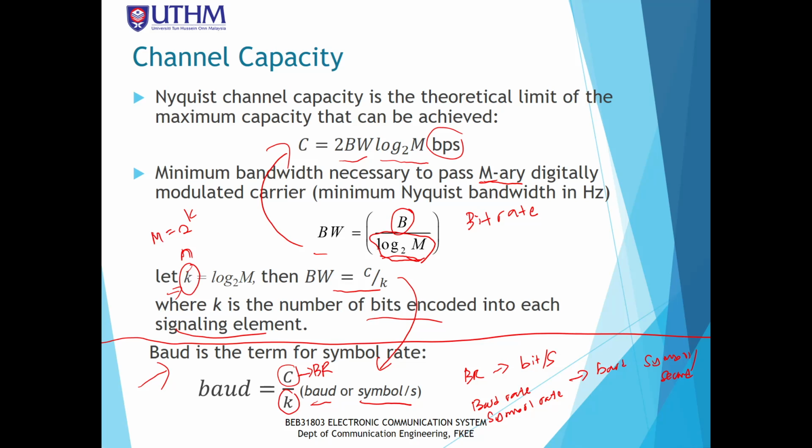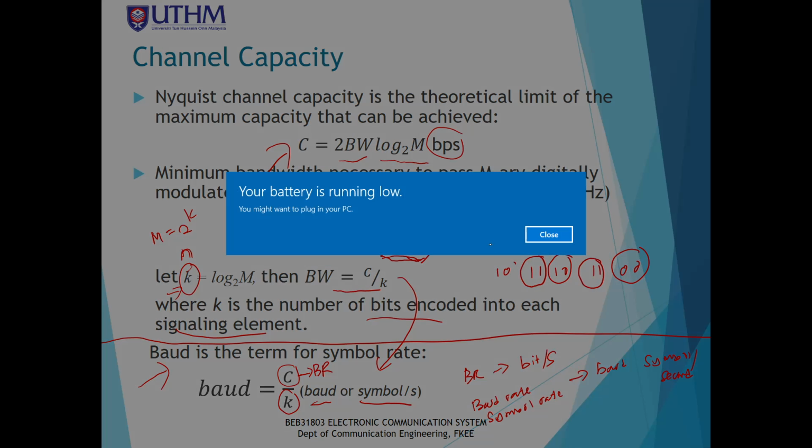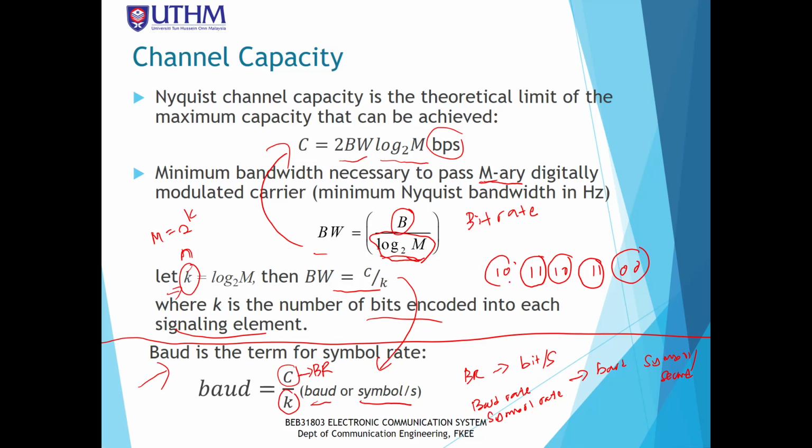Contoh, kalau kita gunakan 2 bit, for example macam tadi, 10, 11, 10, 11, 00, something like that. So each of these, setiap ini adalah dipanggil sebagai symbol. Each of these is called symbol. So berapa cepat kita boleh hantar setiap symbol dalam masa 1 saat?